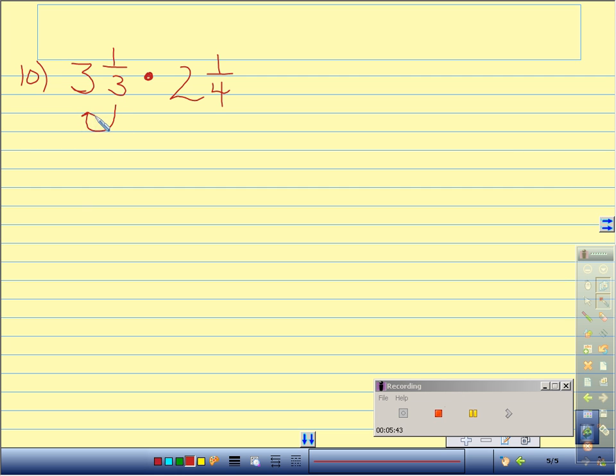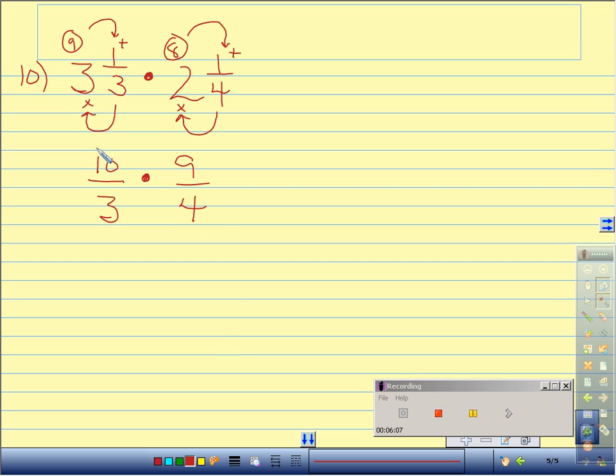Just if you're struggling with it, we go 3 times 3, which is 9, plus 1 is 10 over 3, times 4 times 2, which is 8, plus 1, which is 9 over 4.